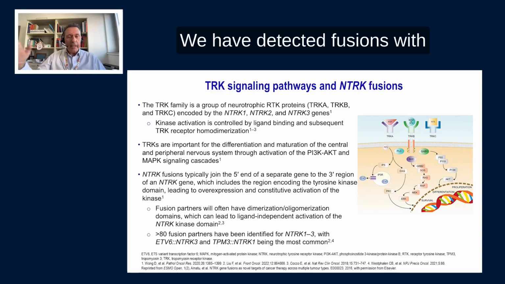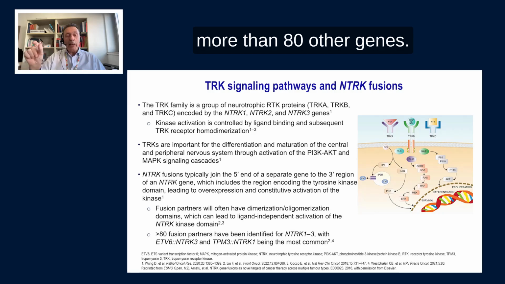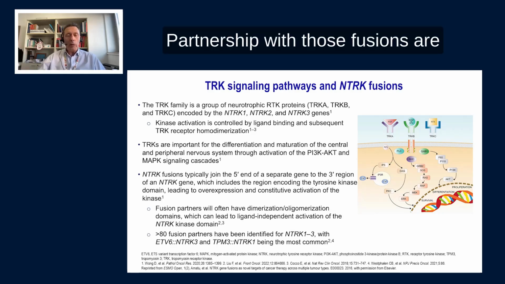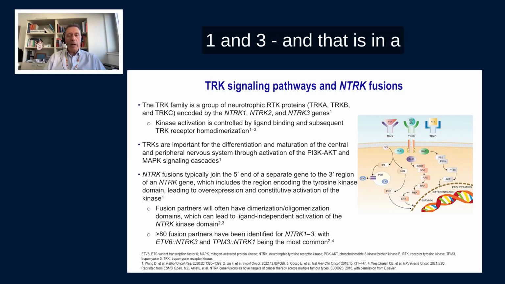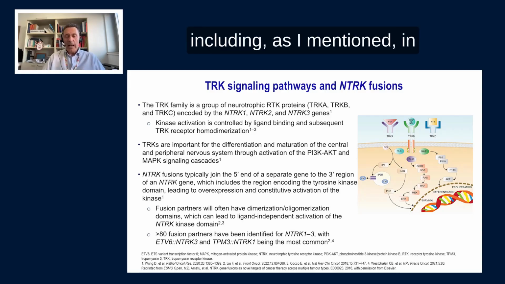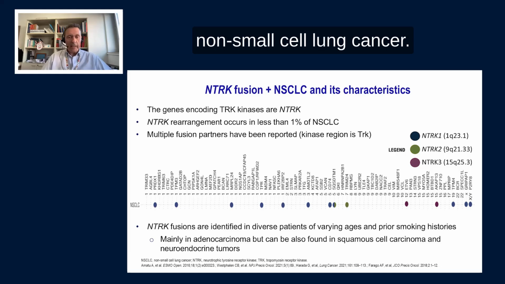We have detected fusions with more than 80 other gene partners, more frequent in NTRK 1 and 3, in a number of solid tumors, including, as I mentioned, non-small cell lung cancer.